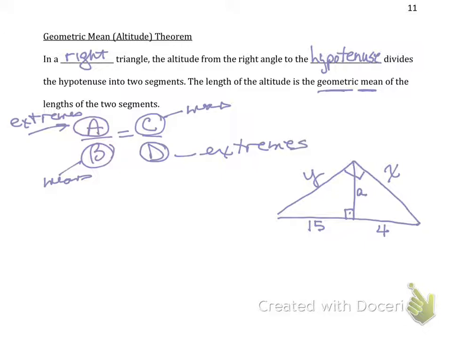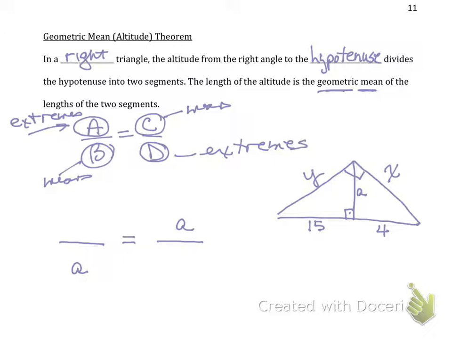Okay, so this is what you can do. You can set up a proportion, and in a right triangle, the altitude from the right angle to the hypotenuse, that is A. It is the geometric mean, therefore you put A here and A here, that's the geometric mean spot, between, of the lengths of the two segments.